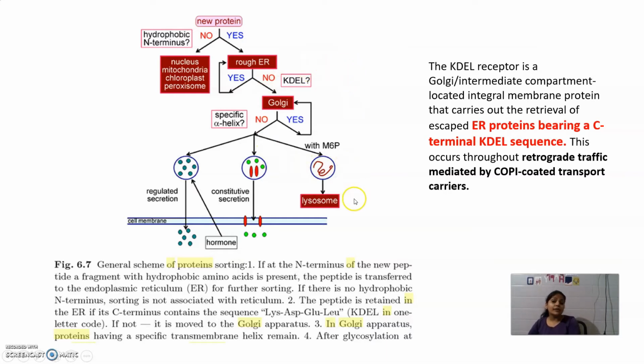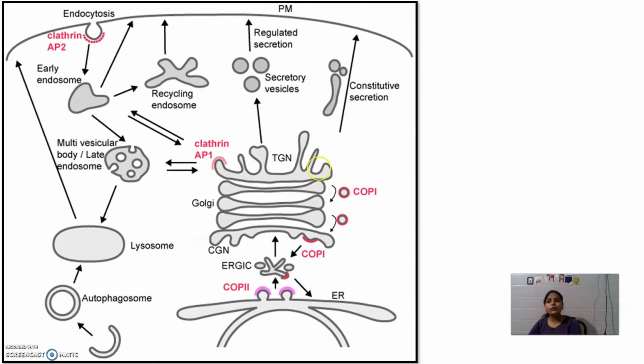The extracellular transport of the proteins we have already studied in our previous video. In that video, we have also studied this retrograde transport of the proteins. I'll also explain this in this slide. Let's see how this occurs.